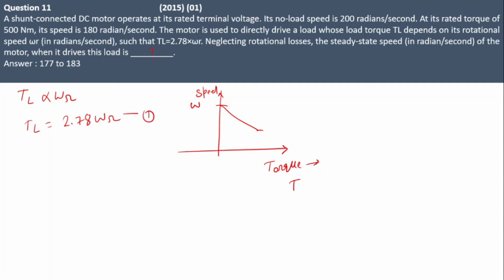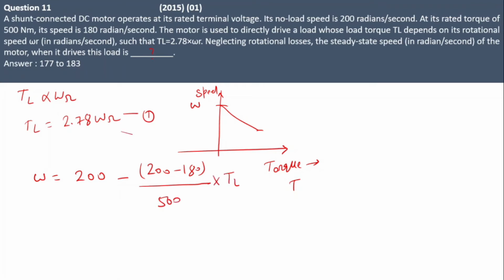Another you can find out from this relationship, data is given to you. So omega equal to 200 minus 180 divided by 500 into load torque.